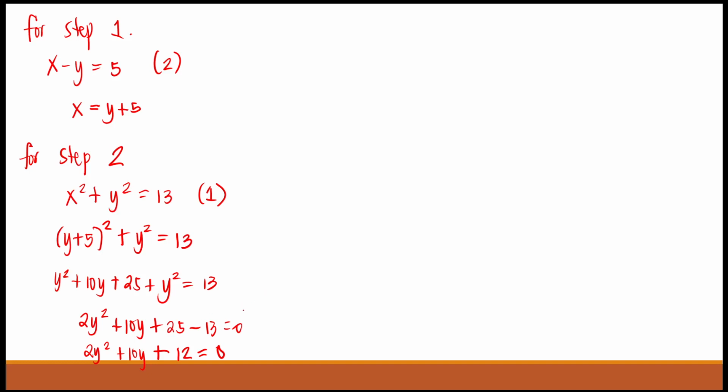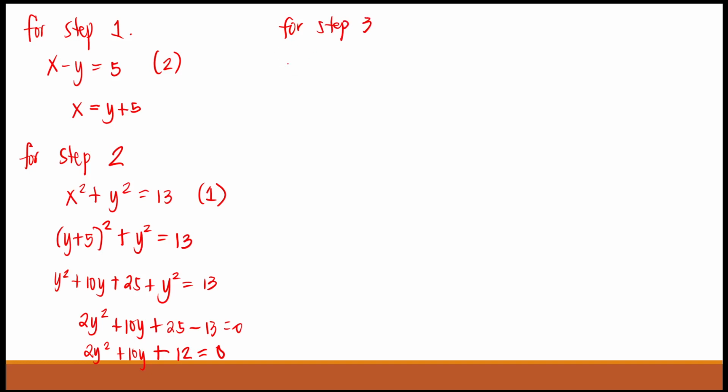Okay, so we have 2y squared plus 10y plus 12 equals 0 as a result of step 2. So we now go on with step 3. Step 3 is we solve for the one variable in the result of step 2.